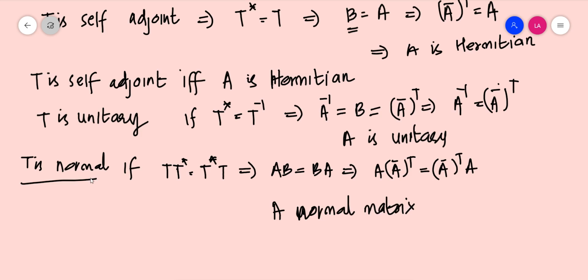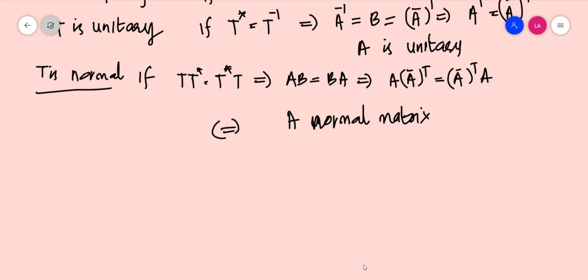So T is normal if and only if A is normal. So using the matrix, we can define self-adjoint, unitary and normal operators. An operator T is self-adjoint if and only if its associated matrix A is Hermitian, and an operator T is unitary if and only if its associated matrix A is unitary, and T is normal if the associated matrix A is normal, whenever T is defined on the complex space.